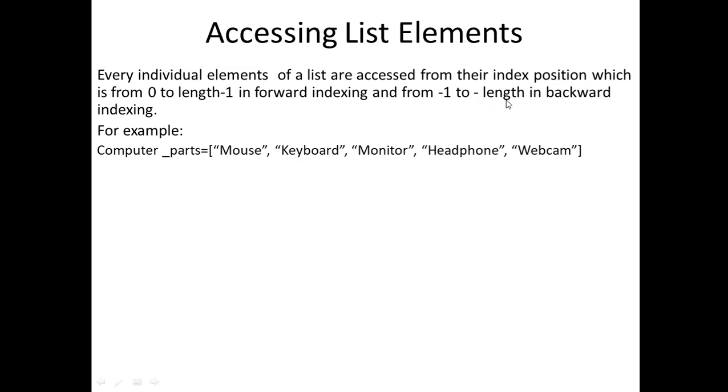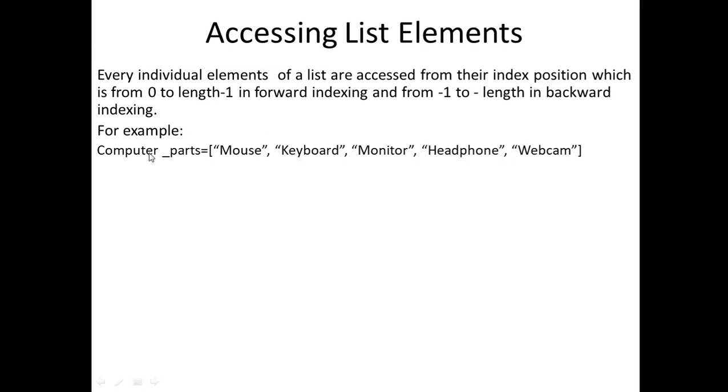Each element of the list will have its index number, which starts from 0 in the forward indexing, and in the backward indexing, that is from the right side, the indexing will start with minus 1 to minus length. So a single element of a list can have its forward as well as its backward indexing. Okay, it will be clear to you.